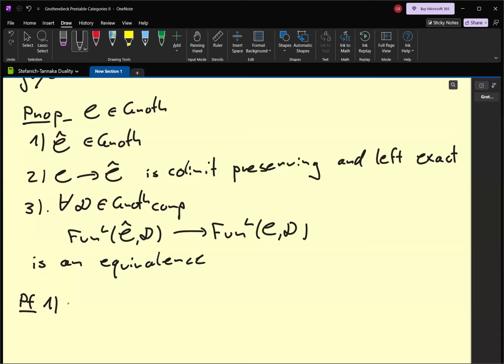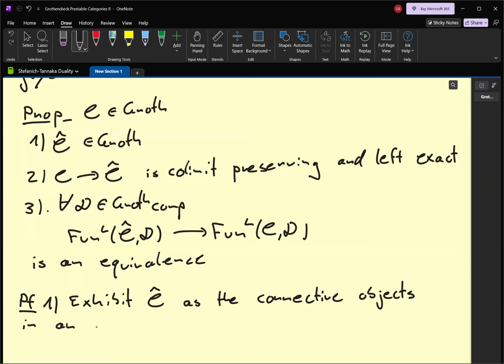So the idea is that we want to exhibit C hat as the connective objects in an appropriate stable category with a T structure.